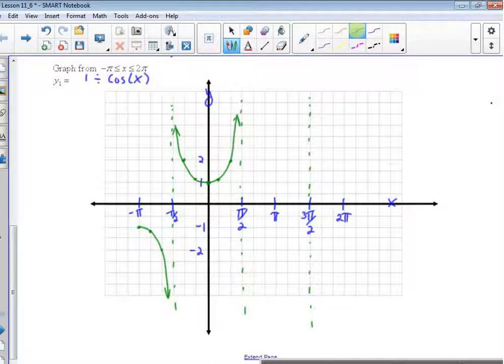At 120 I'm at -2, and then at 150 I'm at -1.2, and then at 180 I'm at -1, and then that pattern continues again for 210 and 240.